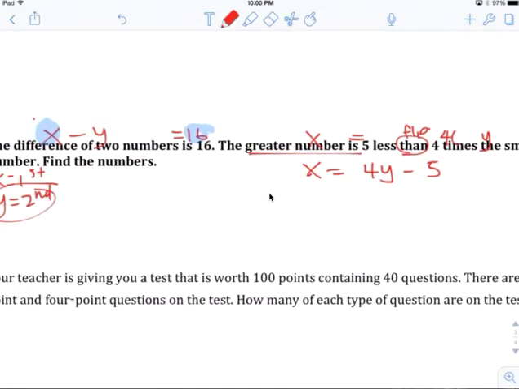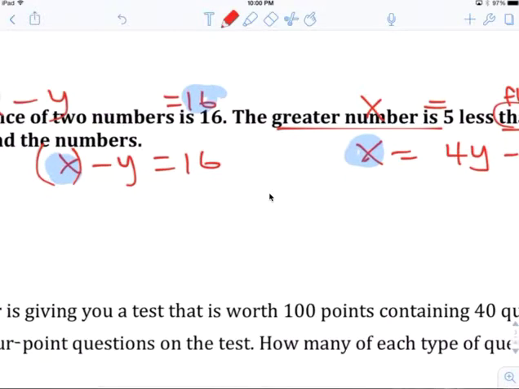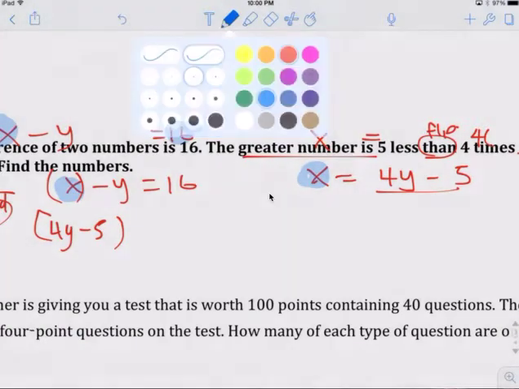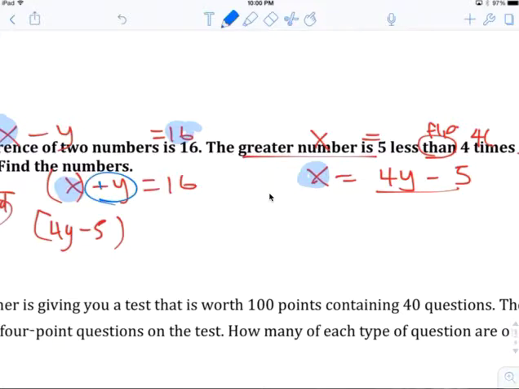And then we got x minus y equals 16. Use substitution. This is x equals, so in place of x, put parentheses around that: (4y minus 5), and then we have this minus y, additive inverse.